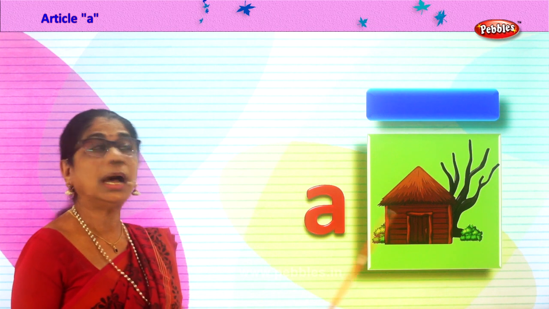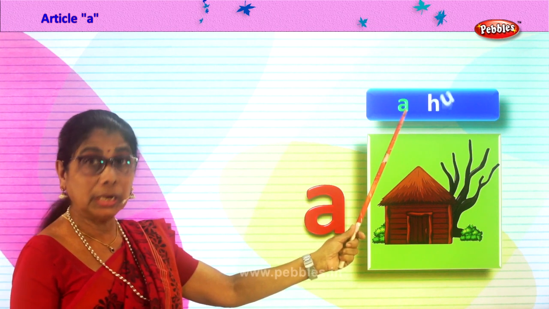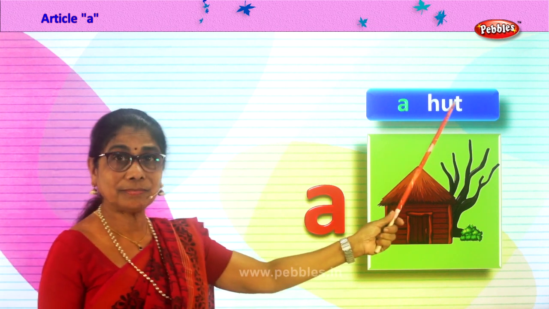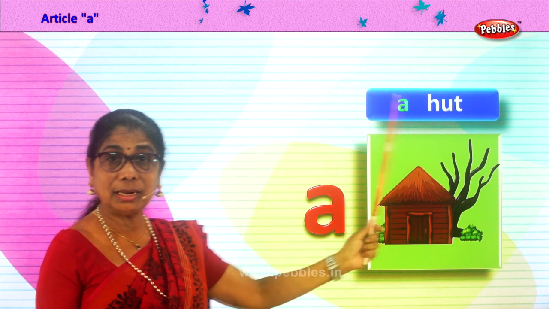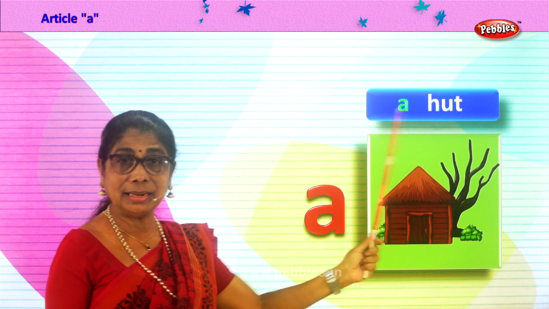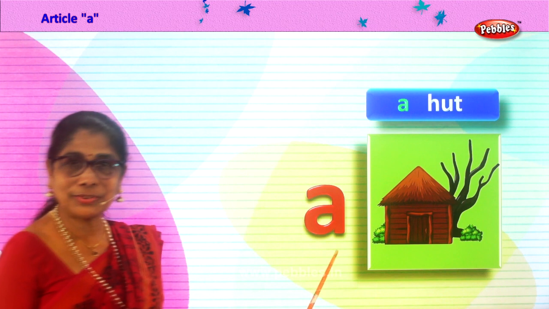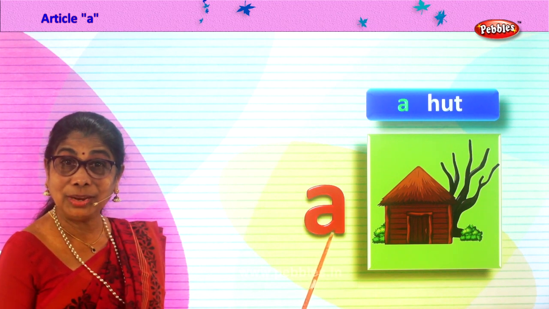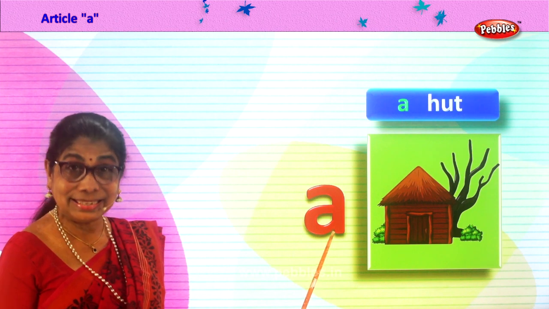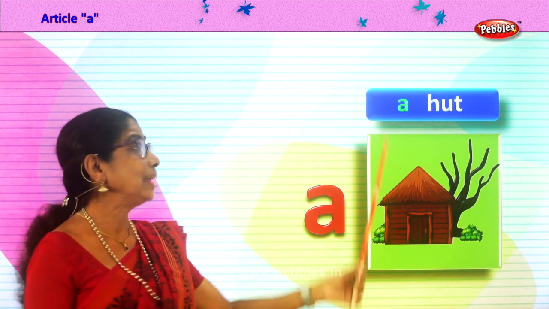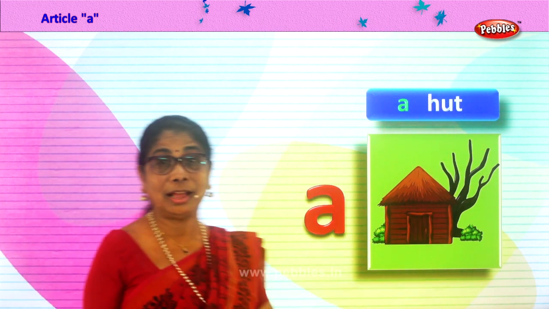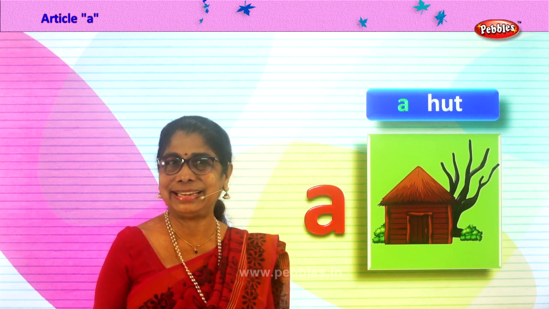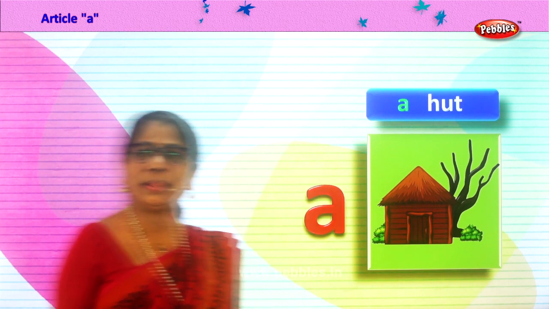So a hut. Therefore, a hut. H-U-T, hut. A hut. Read this. A hut. So use of article A, you learnt it now. Is it interesting? Yes. Putting A before the consonant. Excellent, isn't it? Good. Let's go on to another picture.